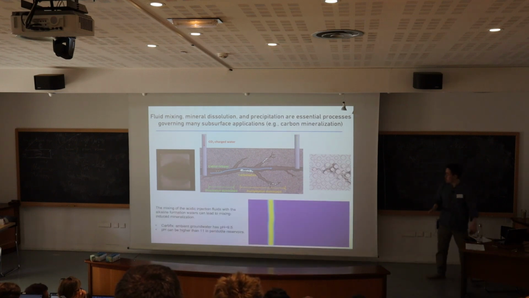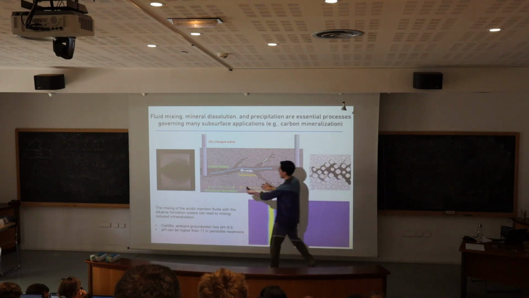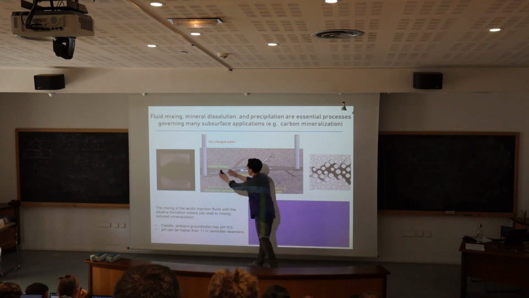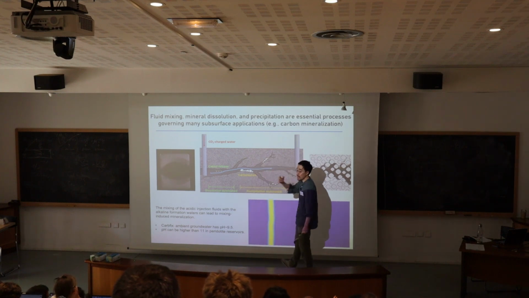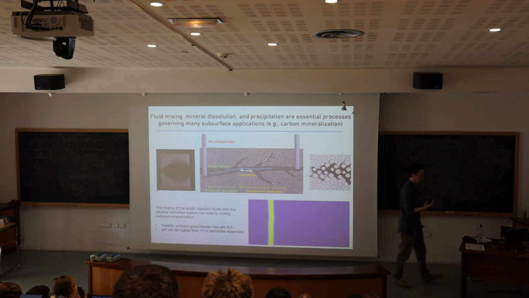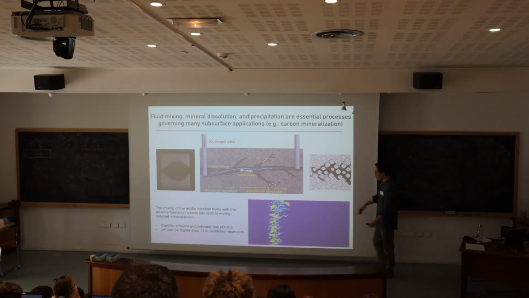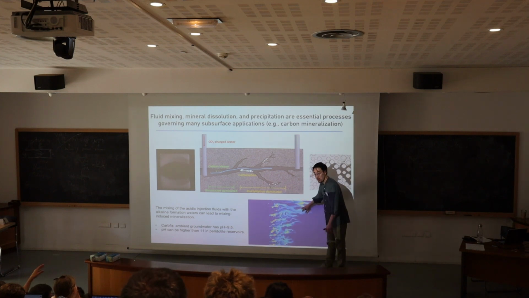The part that I will really focus on is now mixing-induced precipitation. So the mechanism that I just explained is the releasing of cations leading to an increase in pH, leading to precipitation. But there's another mechanism, which is actually very important, which is simply mixing between injected fluid and background flow. So if you inject some carbonated water, it will definitely mix with background ambient fluid, right?